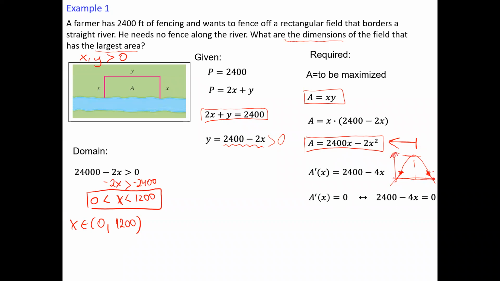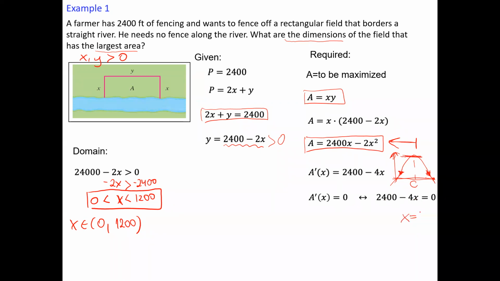The point is that the critical point will definitely be a maximum. We can even do the first derivative test. All of the other values are below this, which guarantees on that open interval that the points are lower than the critical point. Okay, let's finish 2,400 minus 4x.